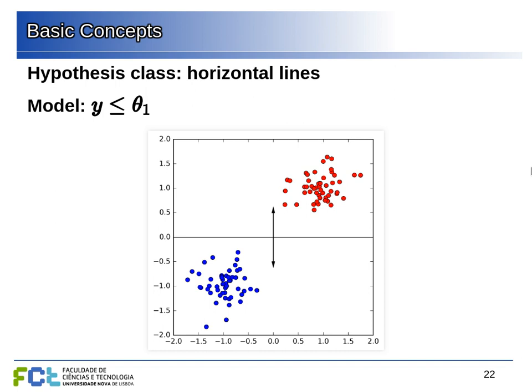And this theta 1 here is the parameter that we can change to scan all our hypothesis class. So these are the first two concepts. The hypothesis class is the actual set of hypotheses. The model is one way of representing that set of hypotheses, generally with parameters, and we adjust those parameters to try to find the best hypothesis.